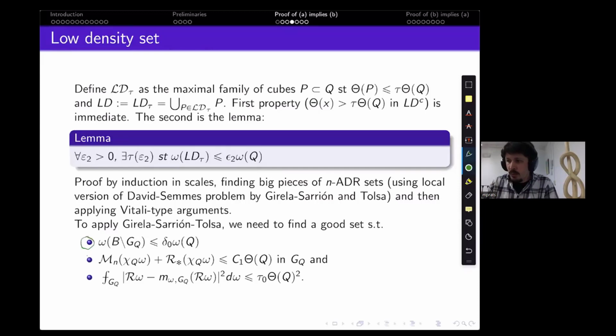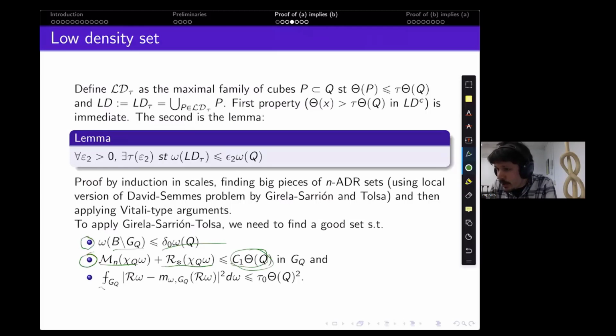First, we need to define a good set inside the ball, such that the bad set is small. The maximal operator on measures plus the maximal Riesz transform, both are bounded by this theta of the cube.